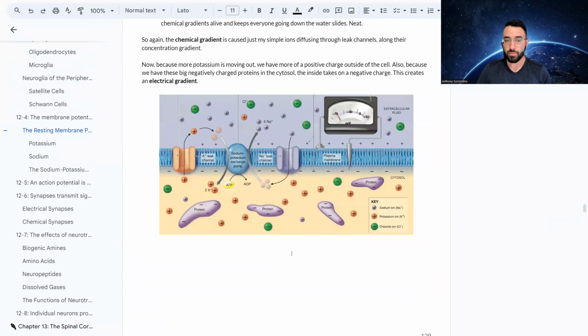And what happens is the sodium potassium pump allows this phenomenon to continue. It allows all the potassium on the inside to keep moving to the outside because it's bringing everybody back. It's kind of like either an escalator or an elevator or a ladder that allows these ions to get back to their side of the pool so that they can take that slide down again.